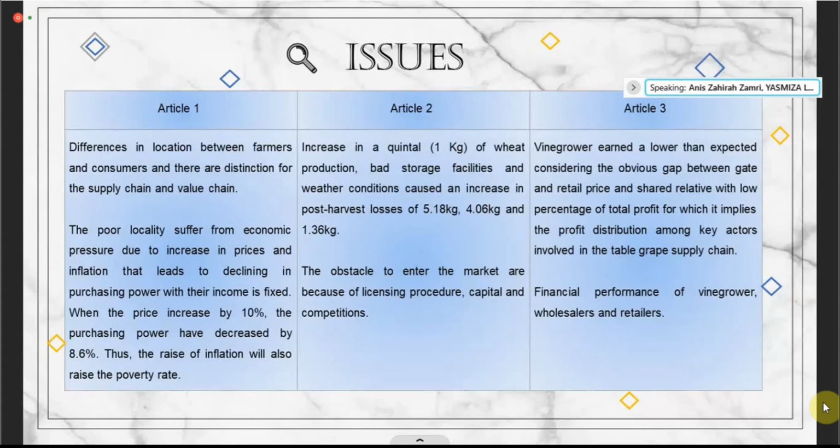Kalau dah tahu because of the supply chains, because of the customer demand, different locations, high distribution cost, bad storage, licensing procedure, they use the oligopoly market, and then lack of transparency and trust among the chain. So how to solve the problem rasanya? What's your opinion? I think they need to provide better storage facility so that the wheat tak rosak and tak banyak losses kat produk dia tu lah.